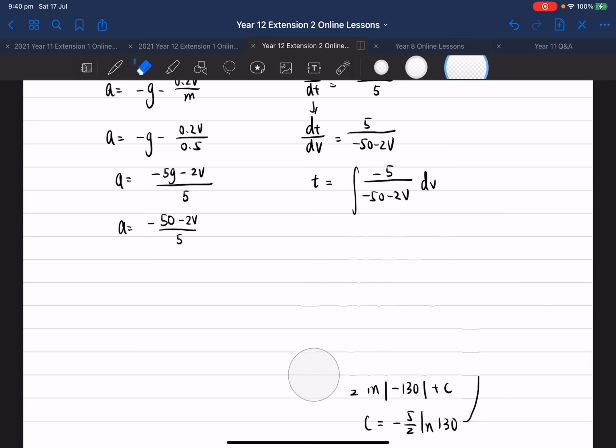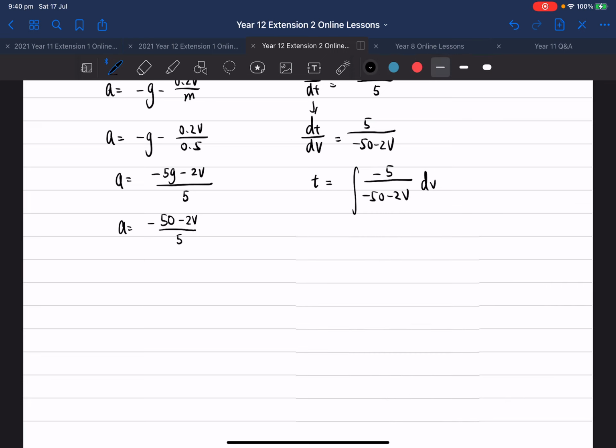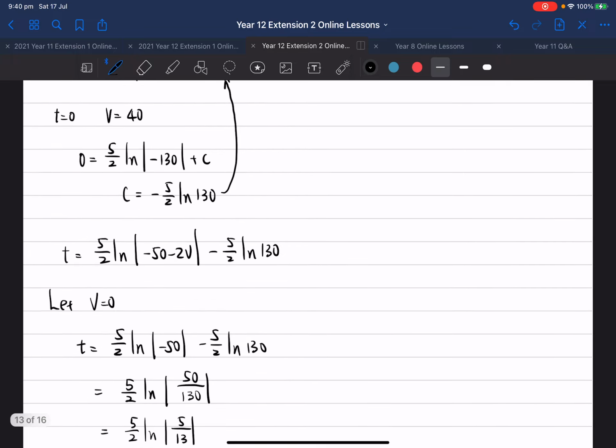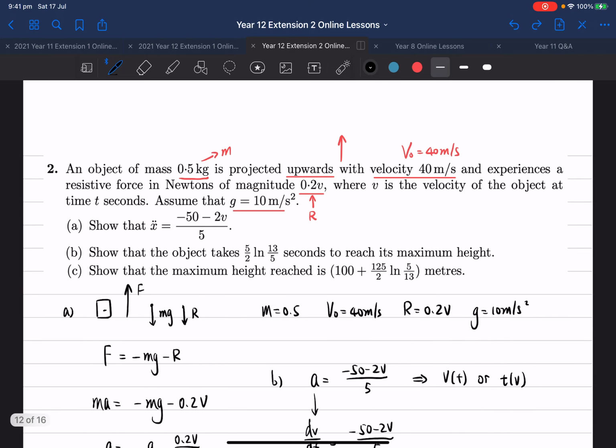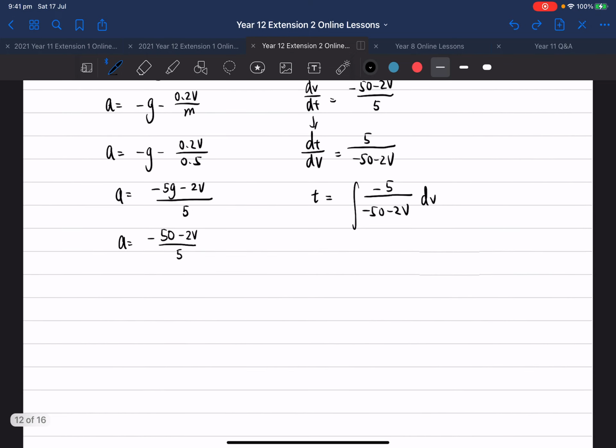It must be just a problem with a negative in the front, because I missed a negative. If I do have a negative in the front, then everything else becomes okay. You can change the negative to what's inside and do the reciprocal. So that's what I'm looking for. Imagine if I just take the negative outside, that becomes negative 5 over 50 plus 2v, dv.